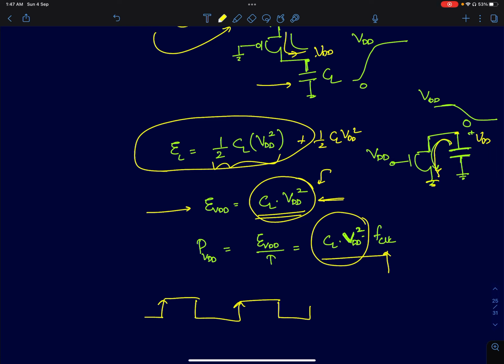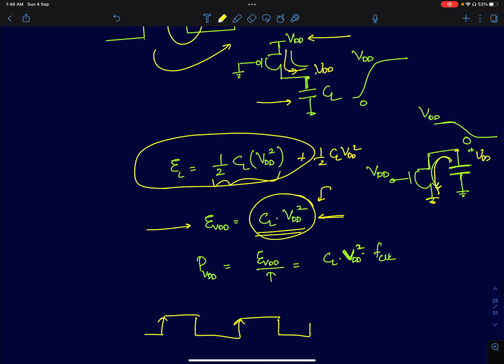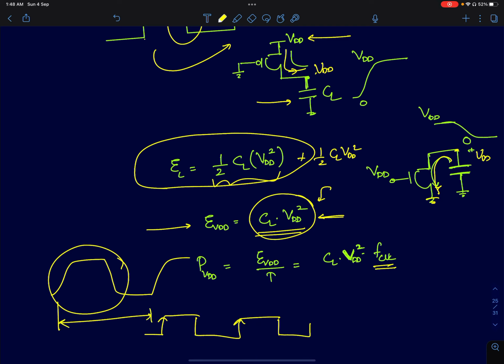Okay, so in a CMOS inverter, this power, the dynamic power dissipation, is independent of the rise and fall times of the clock. So here I've assumed the rise time to be 0 and fall time also to be 0. And this power only depends upon the frequency of the clock and not on the shape of the waveform. As long as the waveform goes through a logic high and logic 0, I don't really care about the shape of the waveform, as it only depends upon the frequency of the waveform.